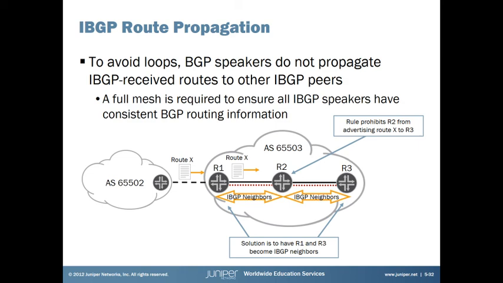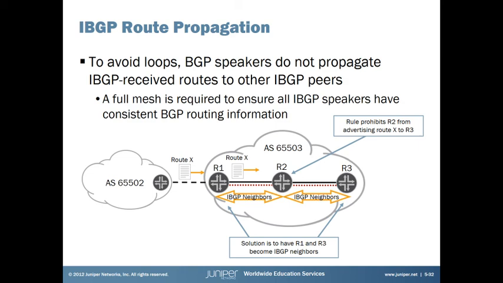So it receives route advertisements. R1 re-advertises those routes to its iBGP peer, which is R2. However, R2 does not re-advertise those iBGP routes to its iBGP peer, which is R3.